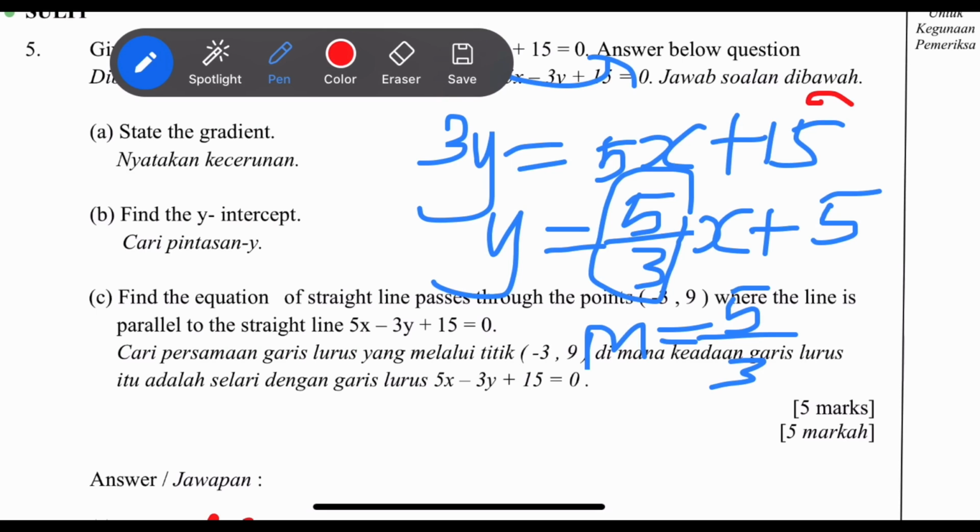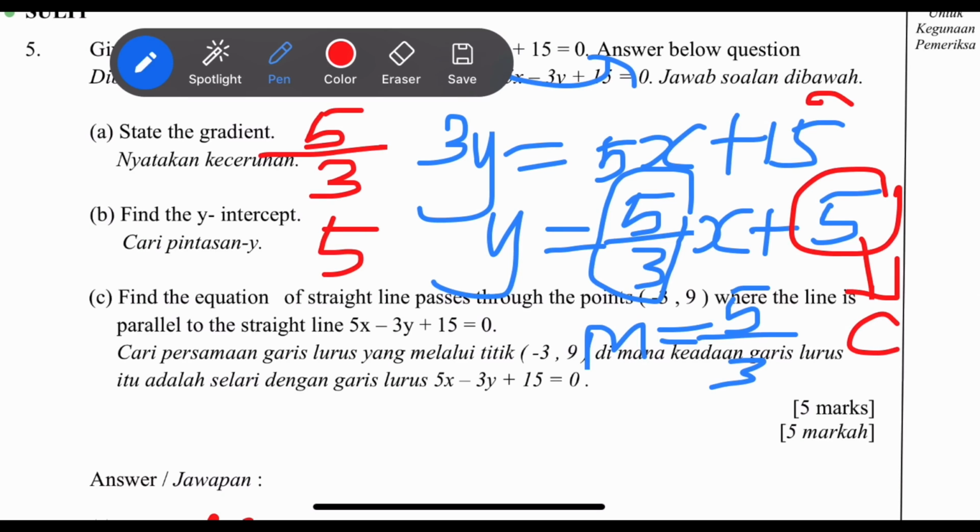Then the number right in front of the x is the gradient, so the gradient is 5 over 3. The c is the constant in y equal to mx plus c, so c is 5. Remember, y equal to mx plus c.